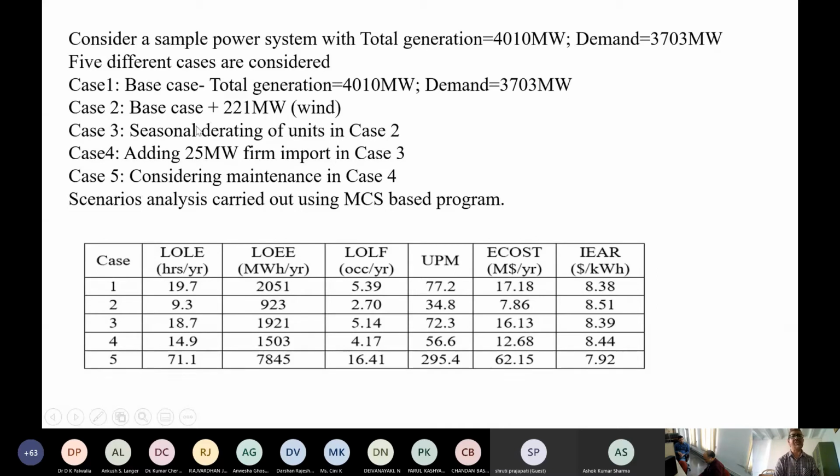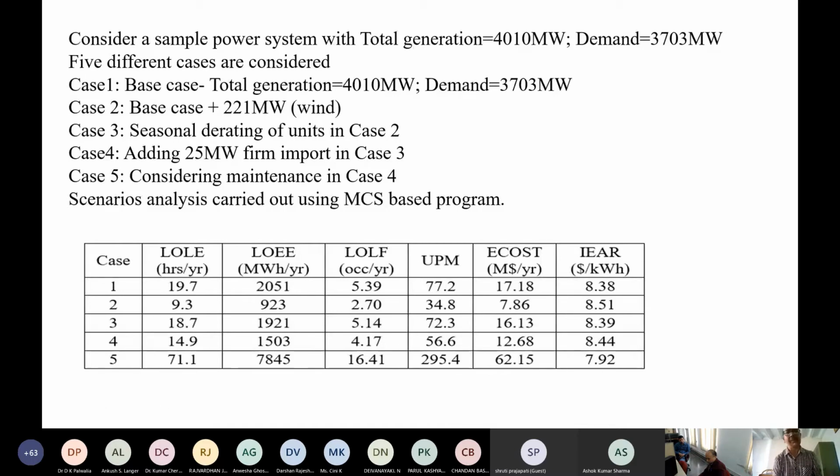Third case is seasonal derating of units in case 2. So here wind is added, but here derating is not considered, here derating is considered. Fourth case is adding 25 megawatt of firm import in case 3. And fifth case is considering maintenance in case 4.